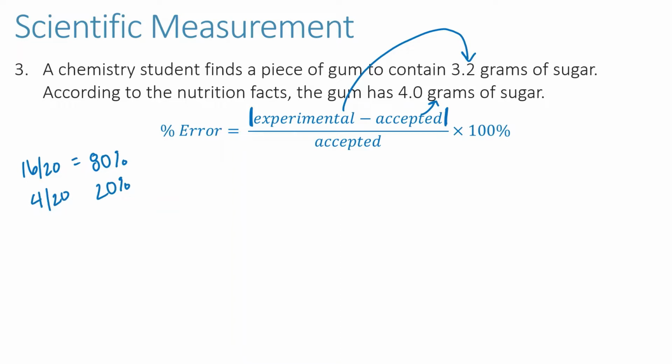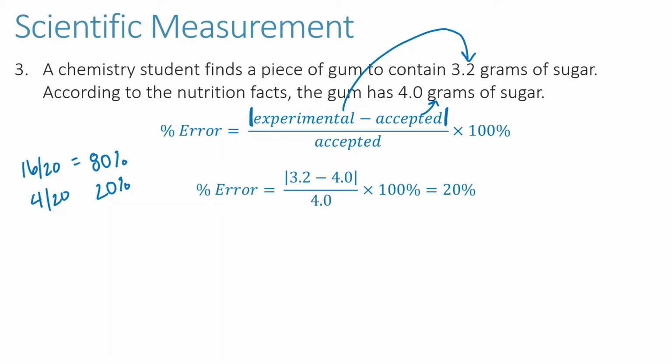Same idea here. I'd like you to take a moment to pause this video and try to solve for the percent error for this question. To solve for percent error, we need to take our experimental value minus our accepted value.